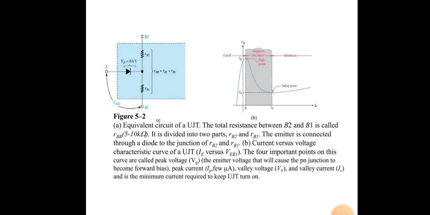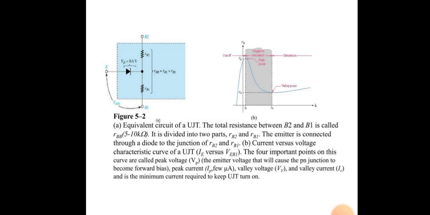When the UJT is in off mode, no current will flow from E to B1. If VEB1 exceeds a certain value called VP, meaning the amount of emitter voltage required to turn the UJT on, that is called VP, which is a certain fixed percentage of VB2B1 plus 0.6 volt, the UJT is fired on.